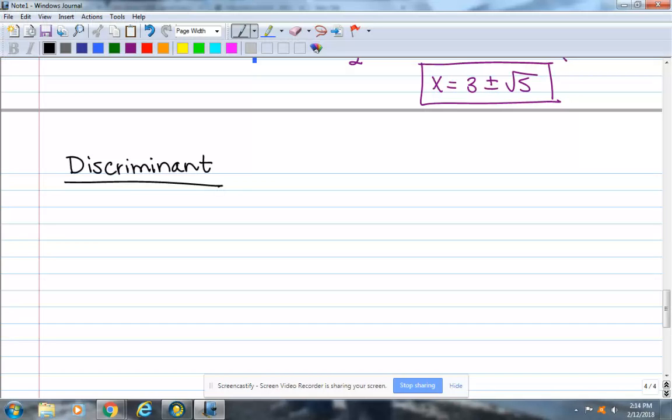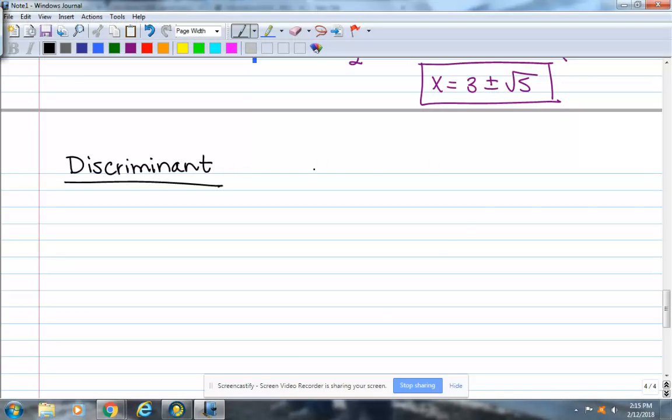We can have 2 real solutions, which is when we don't have any imaginaries: 2 solutions, plus and minus. We could have 1 real solution, which means only 1 answer. Or we could have 2 imaginary solutions. Does that make sense?